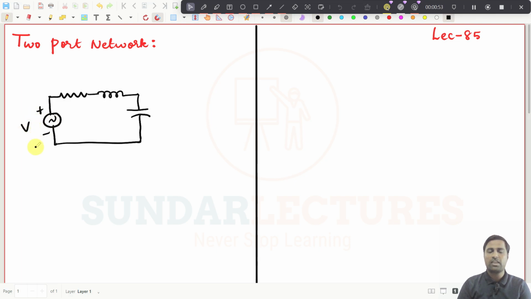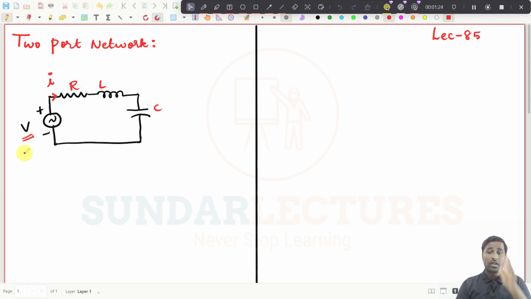So this is V as an input, this is the resistance, this is the inductance, and this is the capacitance, and we are exciting with the voltage V and we are going to find what is I. That's all, right? These kinds of circuits we can call a single port network, since we have a single V and a single I, and we need to find the current with the excitation of voltage.